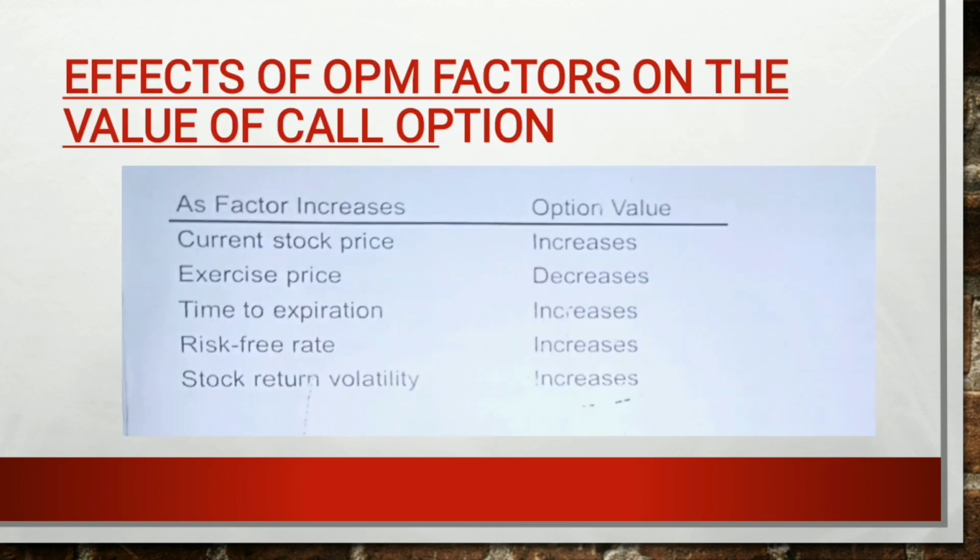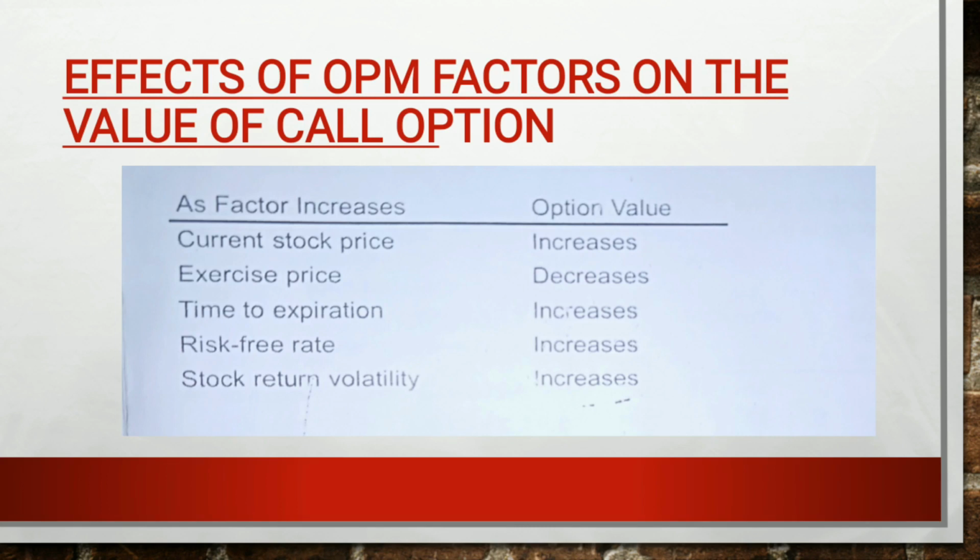And then next, we have the effects of option pricing model factors on the value of a call option. You have here the factors of current stock price, exercise price, time to expiration, risk-free rate, and stock return volatility.